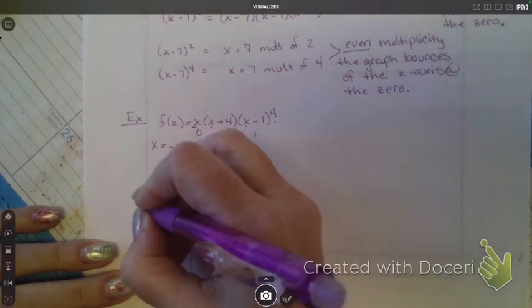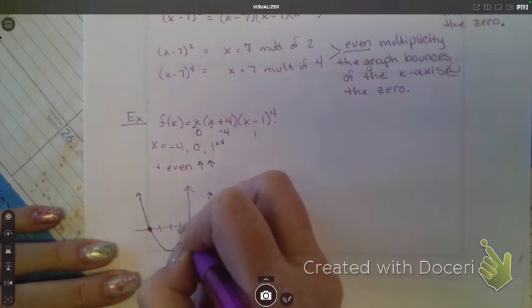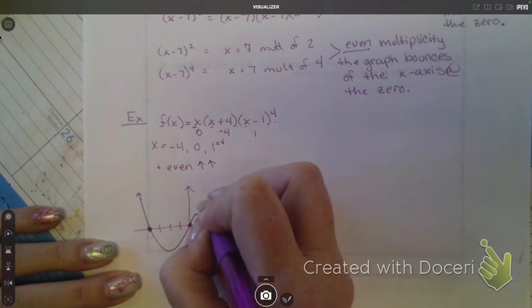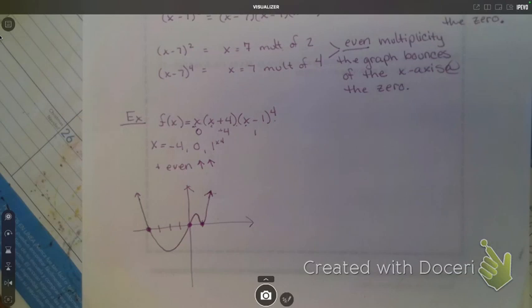So it's going to go here, come up through the 0, we don't know how far it's going to go up, but it's going to go up and then come down and then do what? Go back up. Bounce off. We don't even know what the equation is to that, but can we have an idea of what the graph would look like? Yes.